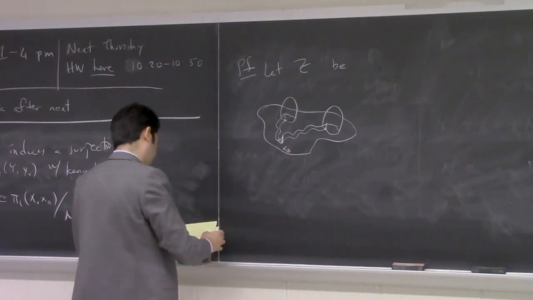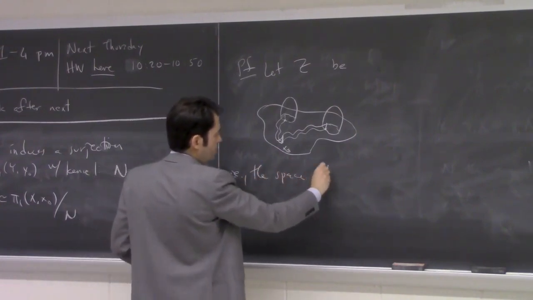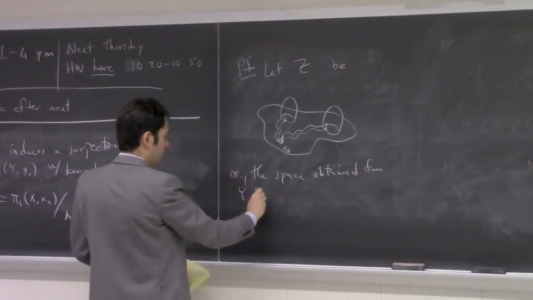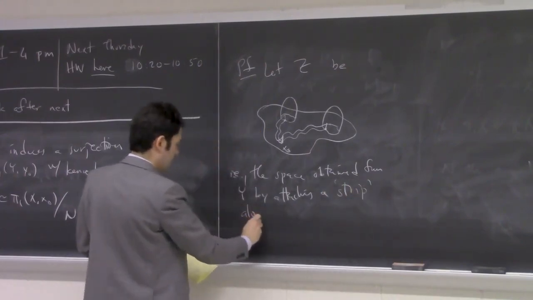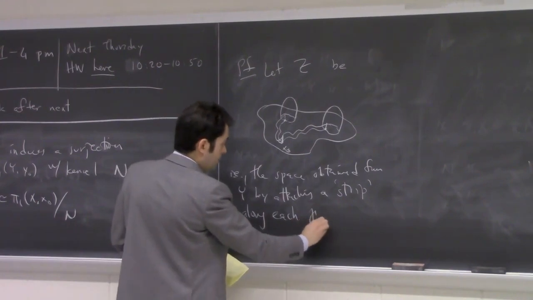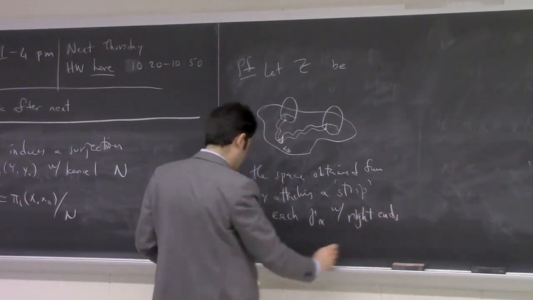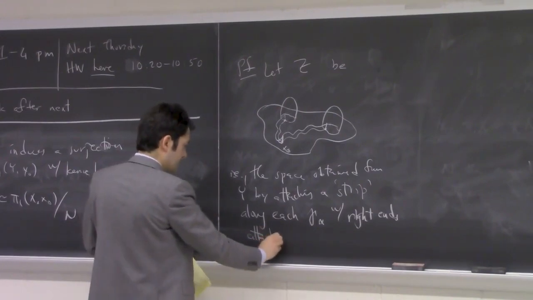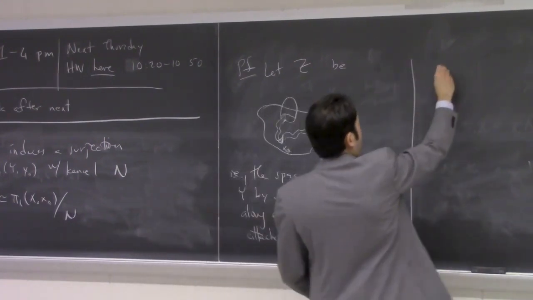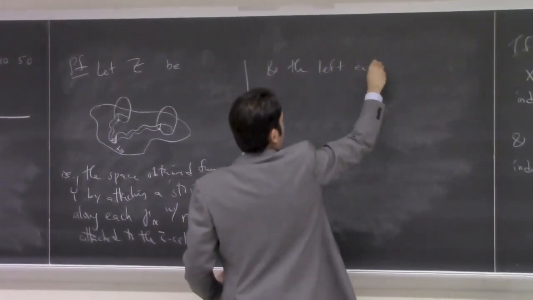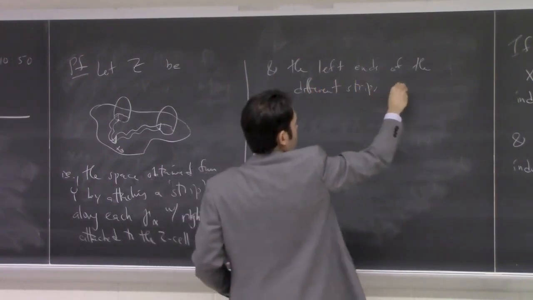So Z, i.e. the space obtained from Y by attaching a strip along each gamma alpha, with right ends attached to the 2-cell e alpha squared, and the left ends of the different strips mutually identified.